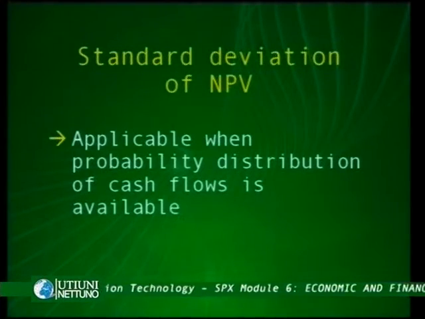So in other words, we should define, as we did in the previous example, probability distributions for all the cash flows of the project, and then, given that, we can calculate the standard deviation of the possible values that the cash flow can take in the future.